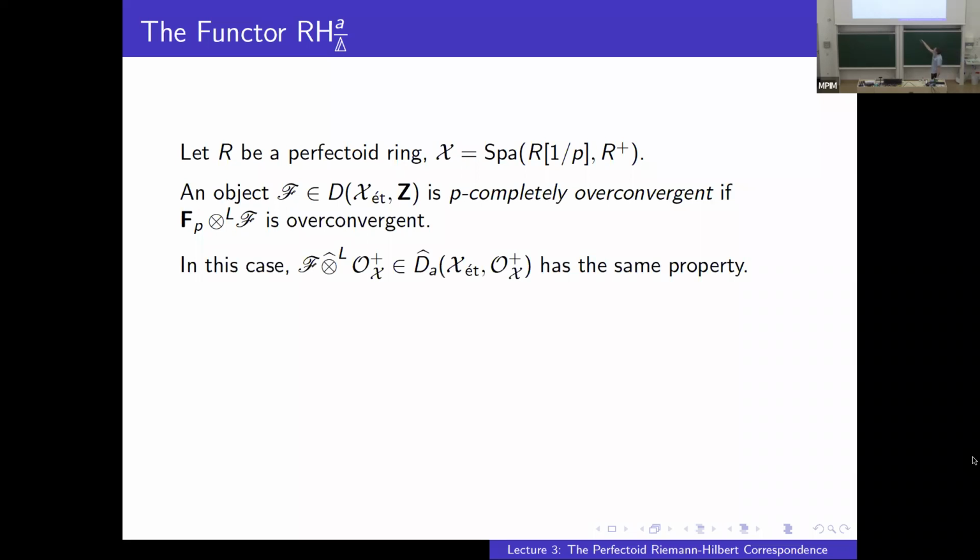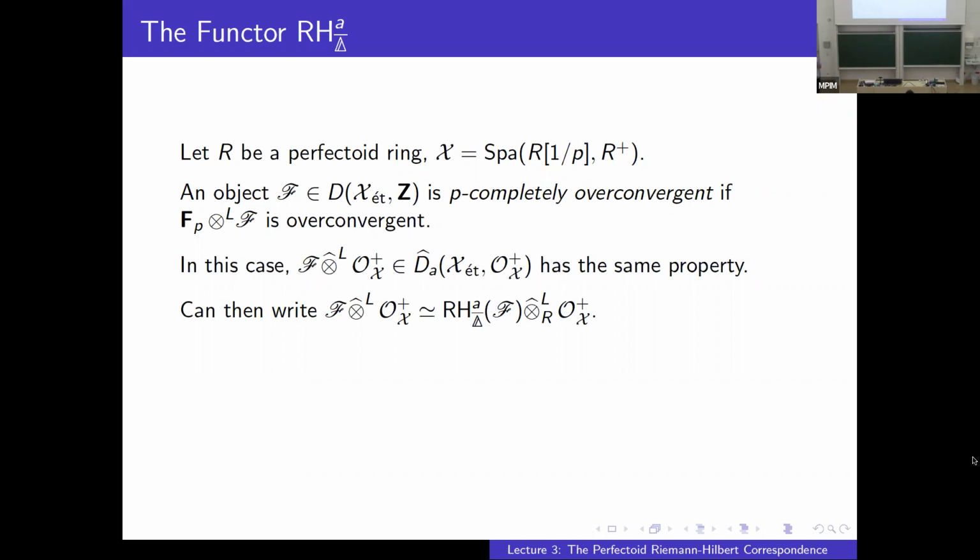And if that's the case, then the analogous property still holds after you tensor it with this sheaf OX plus. So that's an overconvergent OX plus module. And therefore, if you believe the theorem of the previous slide, then you believe that that's quasi-coherent. You believe that it's something that you can write as OX plus tensored over R with some R module.